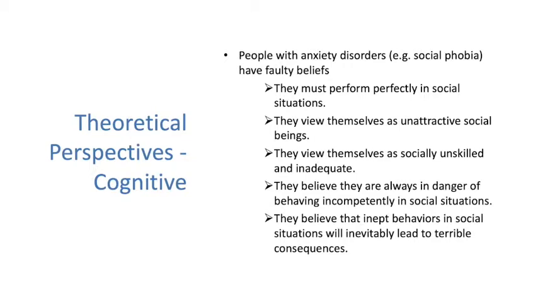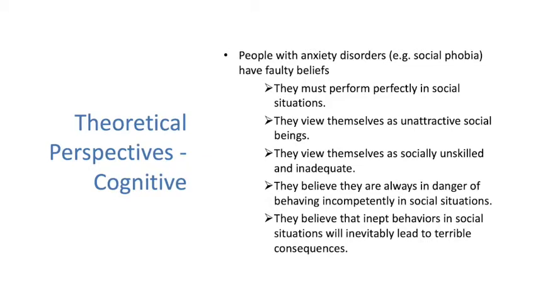So people with social phobia or social anxiety disorder typically experience thoughts or interpretations of the world that are negative, or catastrophic in the way they interpret their future. So they believe, for example, that they have to be perfect in all social situations. They believe that if people only saw them for who they are, they'd see how unattractive they are, whether it be personality or physically, if you will.